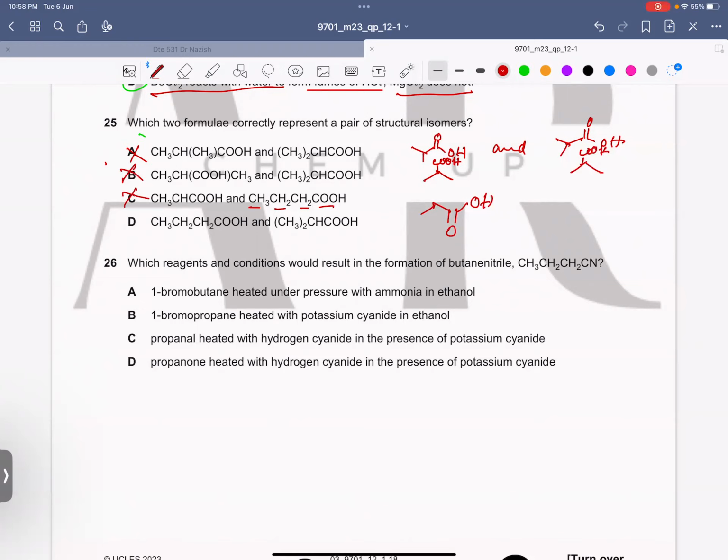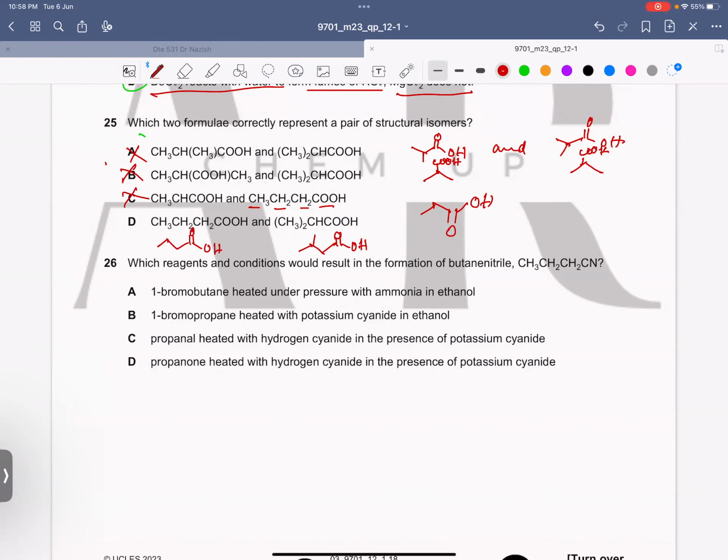They cannot be isomers. Now D, yes, they can be isomers of each other.